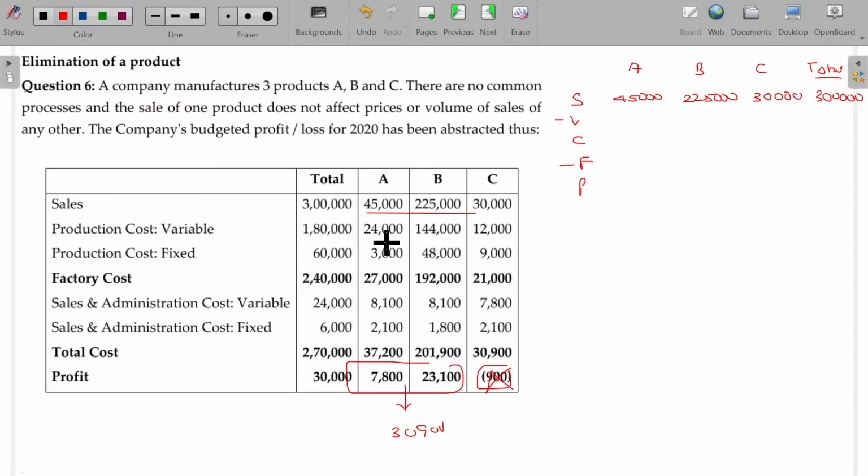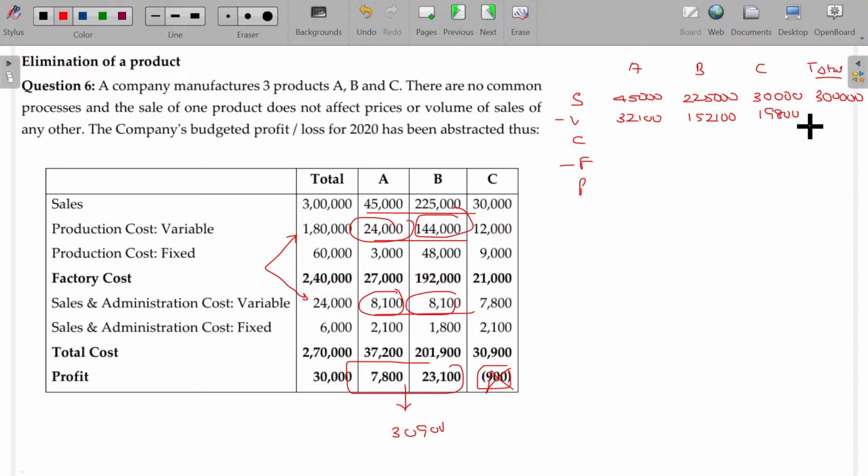Variable cost being, you better club these two variable costs. 24 plus 81, 8,100, 3,200. 144,000 plus 8,100, 1 lakh 5,200 for C, 19,800.